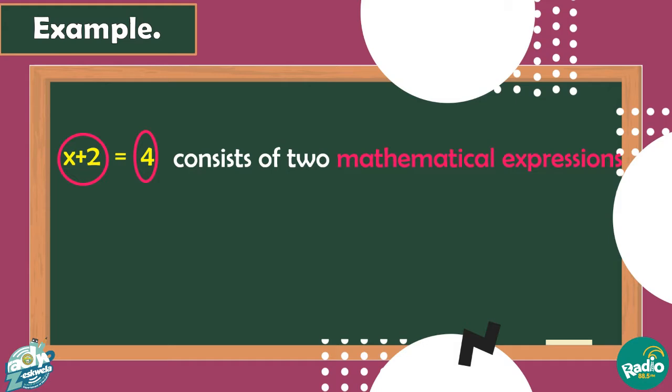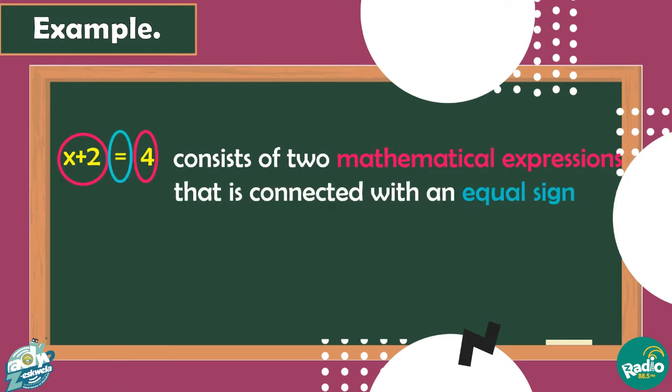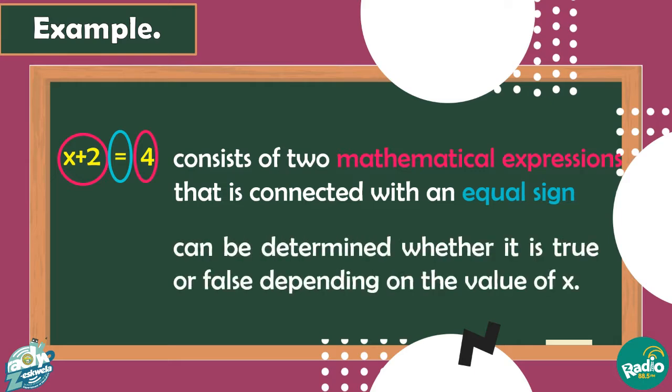This equation consists of two mathematical expressions, x + 2 and 4, connected with an equal sign between these two mathematical expressions. This can be determined whether it is true or false depending on the value of x.